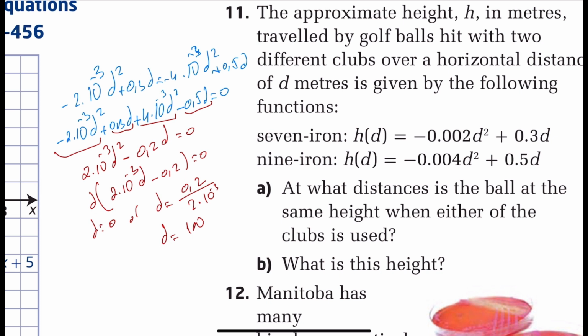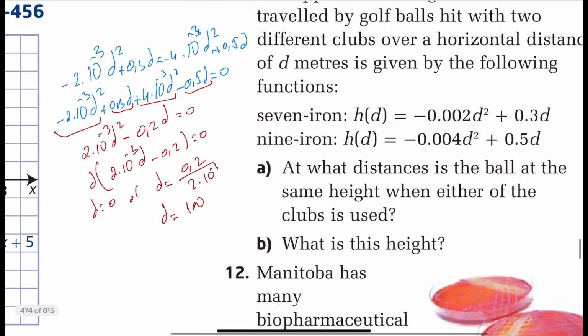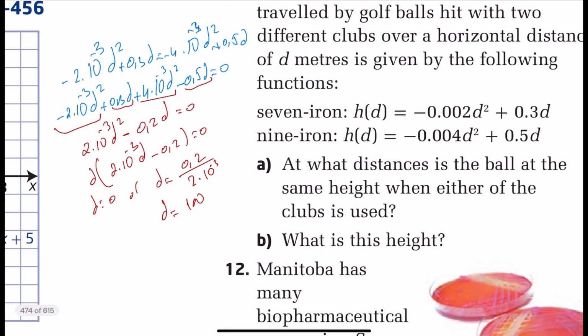Okay, the question B, what is this height? So this just tells us when d is equal to 0, that means there is no height. The height is 0 meters before the ball is hit. So before we are hitting it, the ball was on the ground.